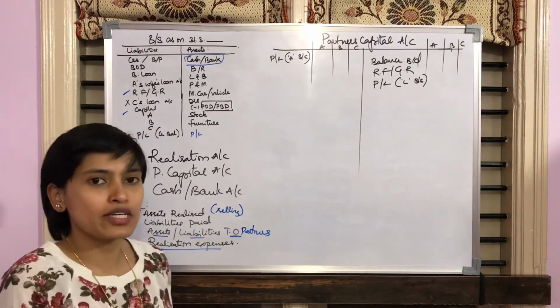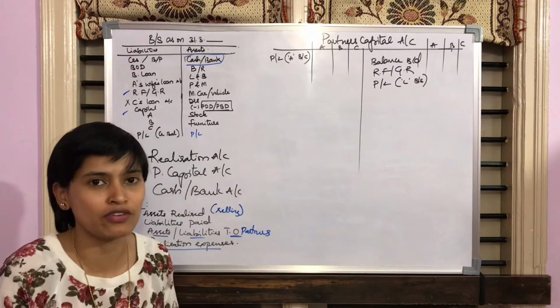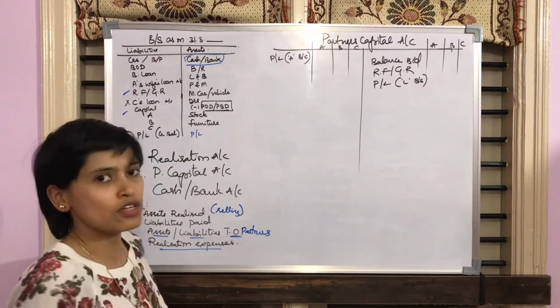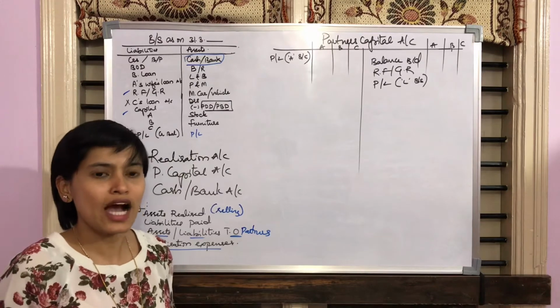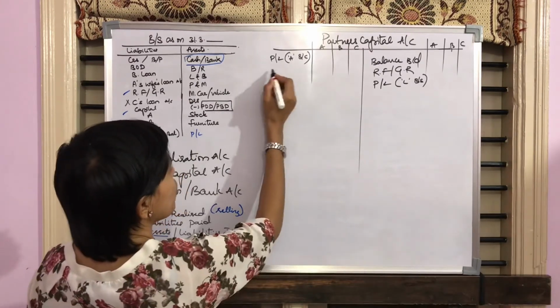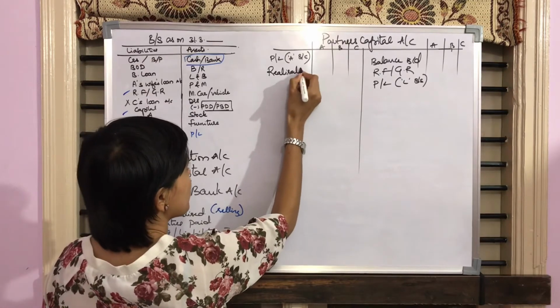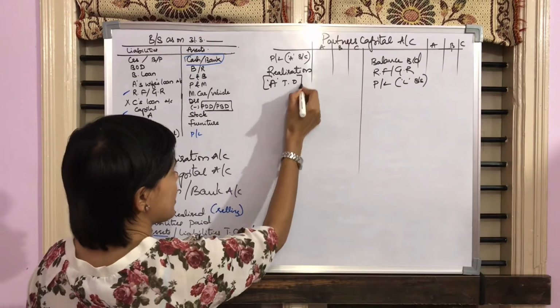Now from the realization account, you have some important postings that you have done with respect to partner's capital account, so we will write them. First and foremost, if there is any asset taken over by the partner, write it on the debit side as realization account, in bracket asset taken over.